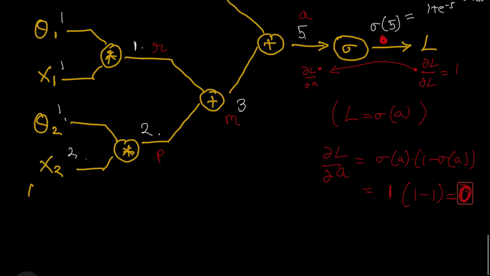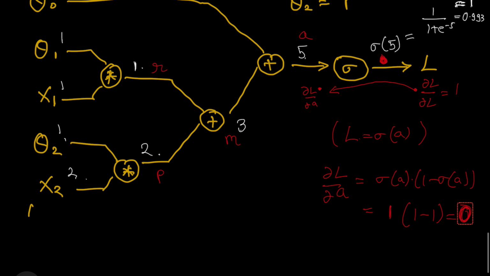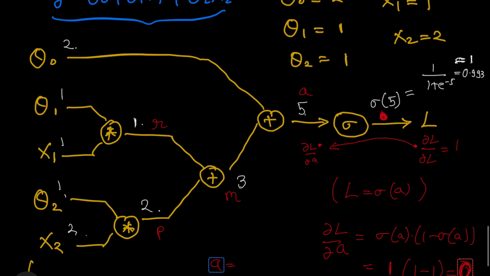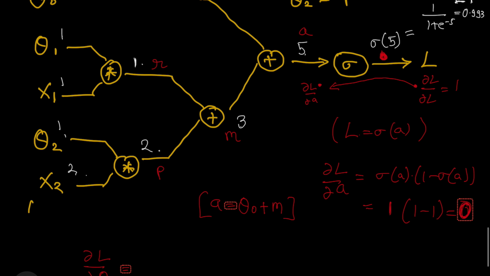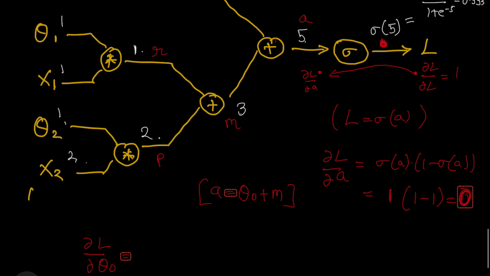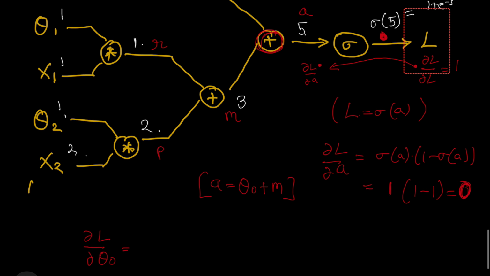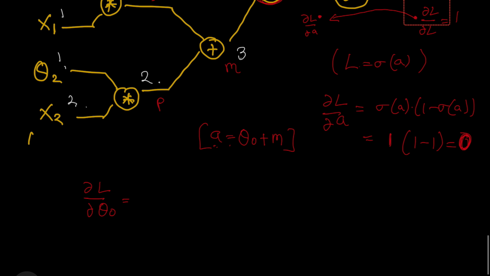Now what is A? A is nothing but theta naught plus M. Now what is del L over del theta naught? Same idea. A is equal to theta naught plus M, so first you find del A over del theta naught.